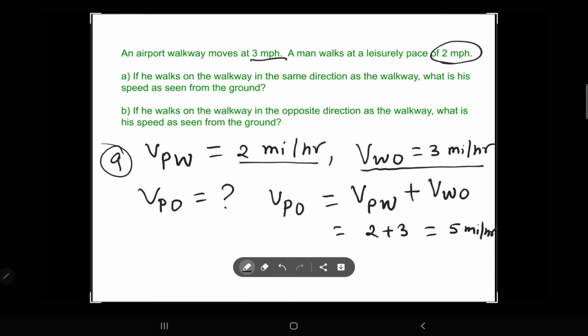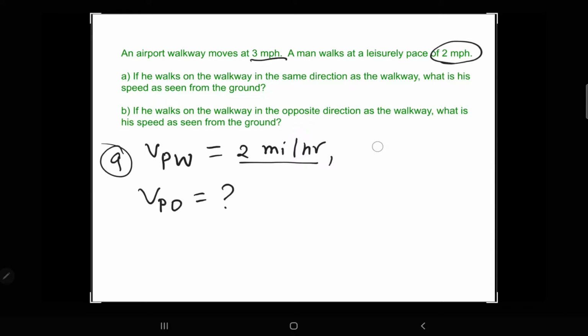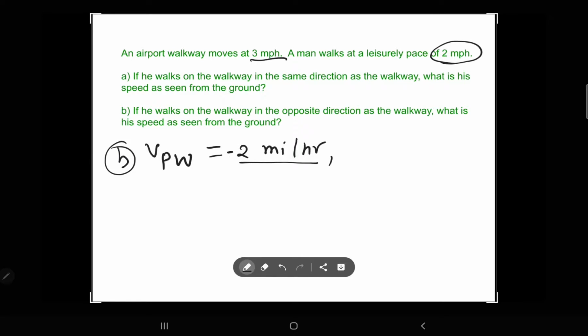In part 2, if he walks on the walkway in the opposite direction to the walkway, what is his speed as seen from the ground? In that case, for part B, the reversed vector will be negative, so the velocity will be negative 2 miles per hour, and the velocity of the walkway is 3 miles per hour.